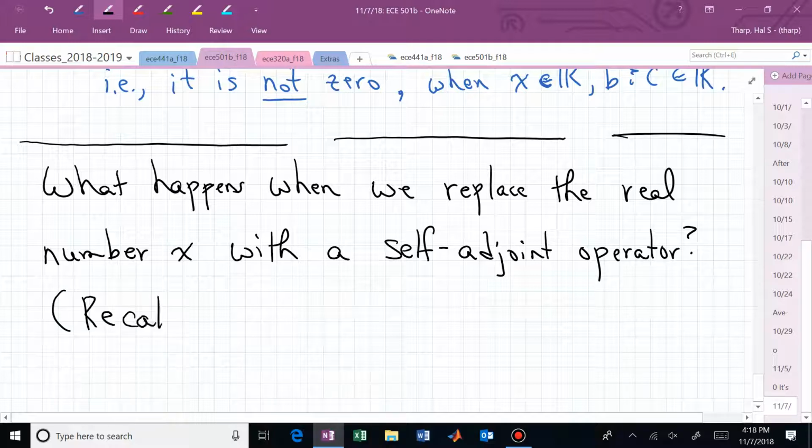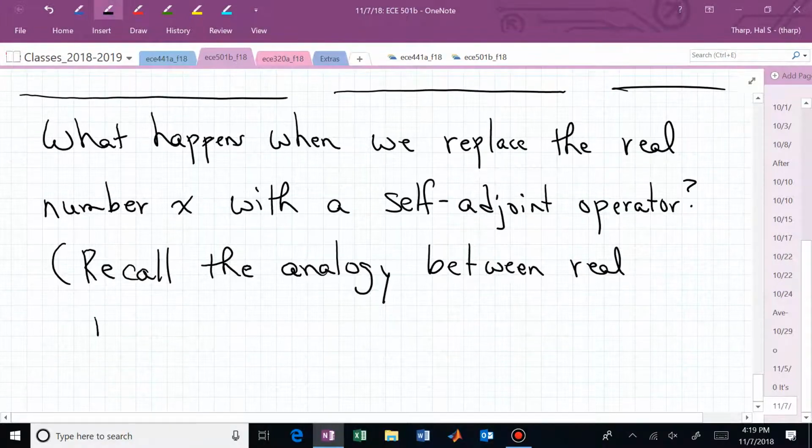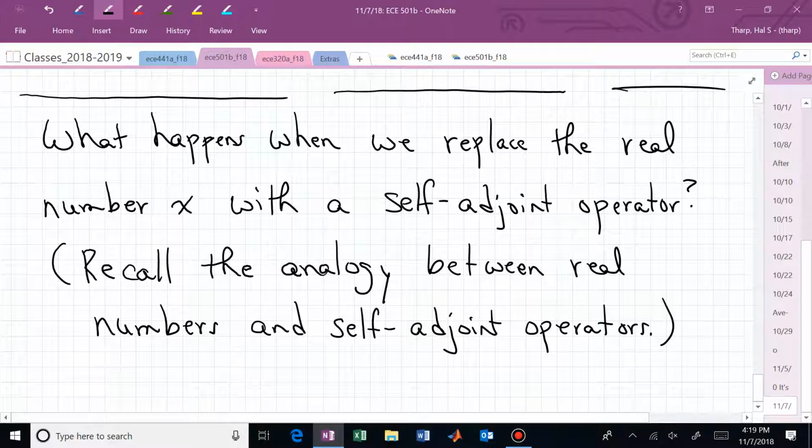And all we're doing is recalling the analogy between real numbers and self-adjoint operators. That's what we're using now.